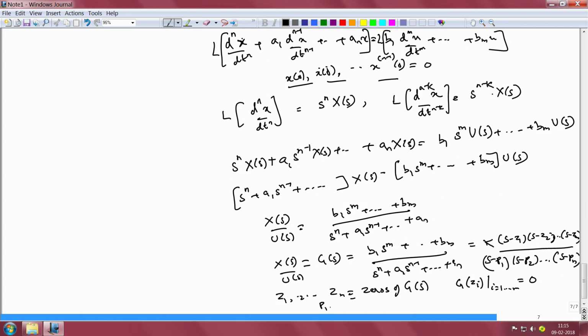Likewise, p1, p2 and so on up to pn are called the poles of G(s), because at these particular locations, if I were to compute G(pi), i going from 1 to n, I would get infinity. So at these particular locations G(s) blows up. So z1 to zm are called the zeros and p1 to pn are called the poles of the transfer function.